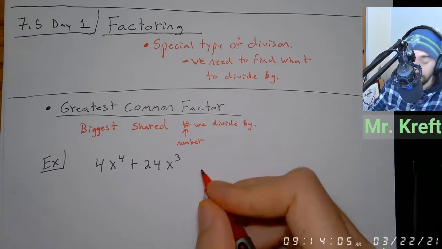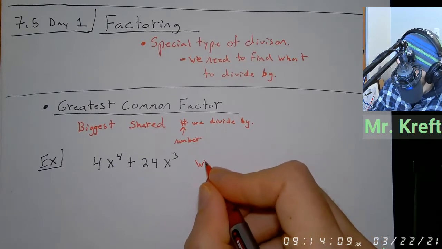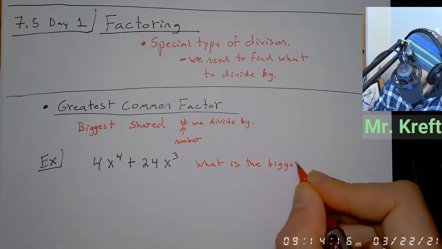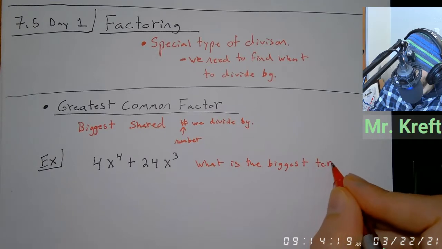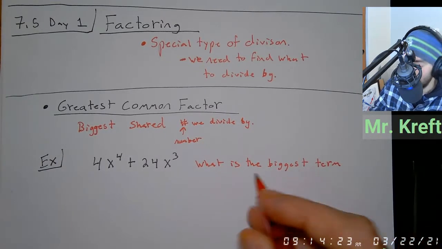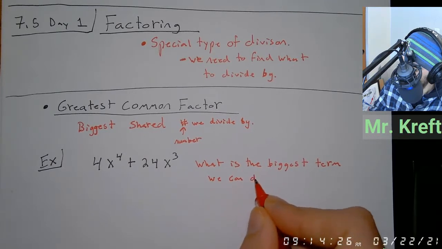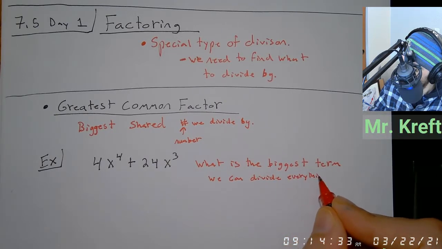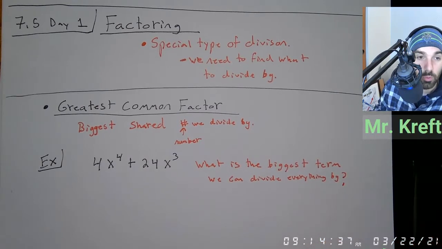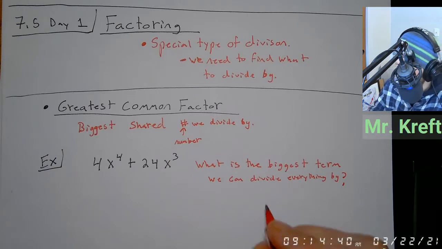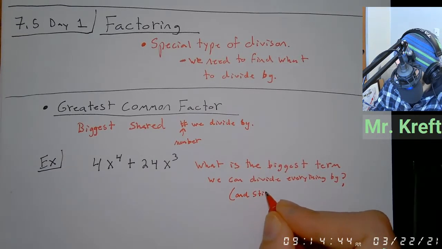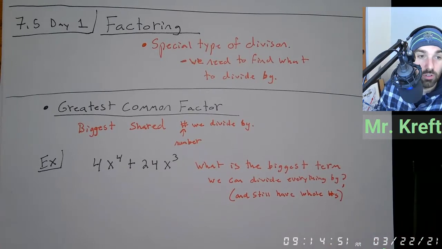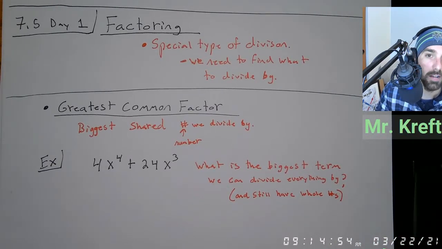And the question we're going to ask ourselves is, what is the biggest term we can divide everything by and still have a whole number?